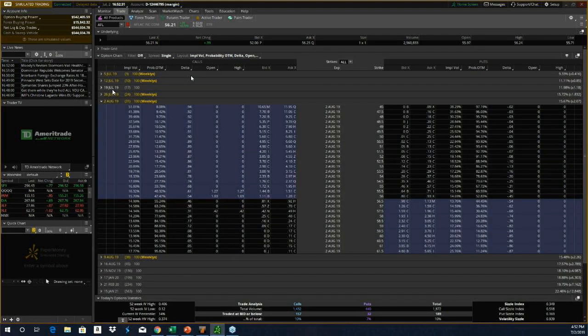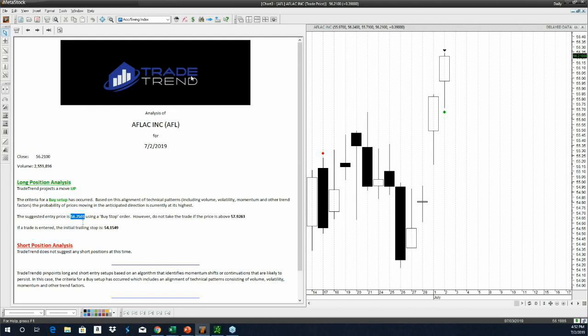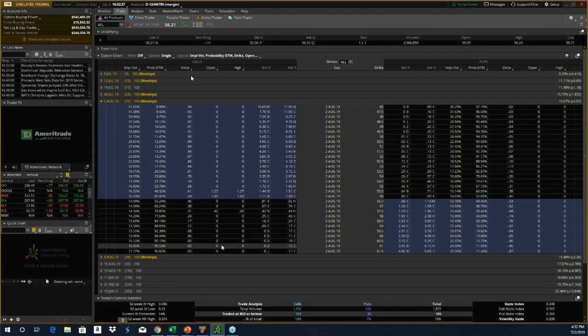And recall that our suggested entry price is 56.25. So we want to select a strike price that's closest to that. And we're actually kind of dead in between the 56.50 and the 56. So in a case like this, I just select the lower cost option. So that would be the one strike out of the money, 56.50 strike.